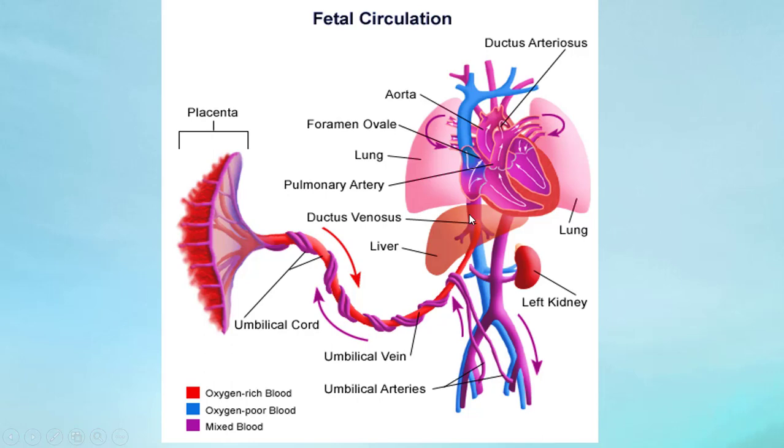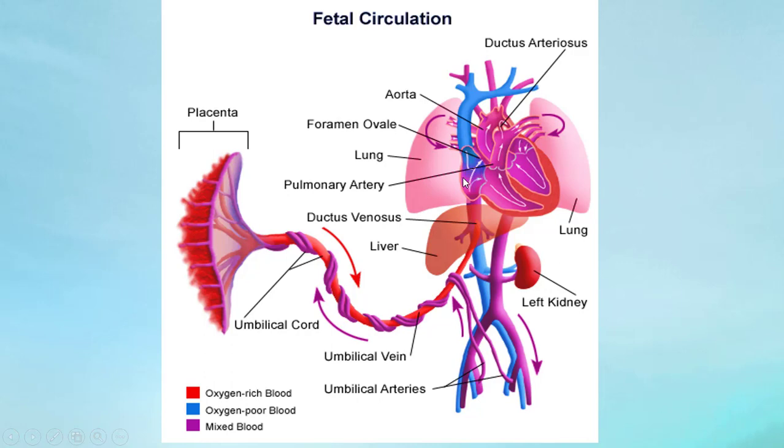Here blood gets mixed, because the umbilical vein contains oxygenated blood and the inferior vena cava contains deoxygenated blood. This mixed blood enters the right atrium.